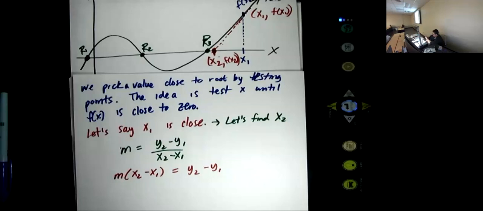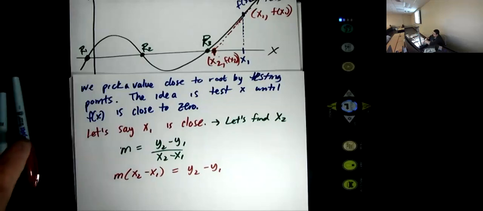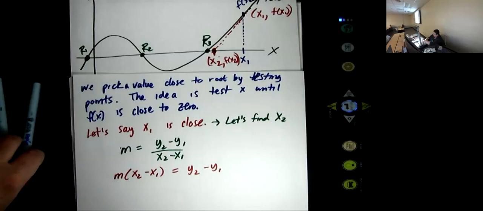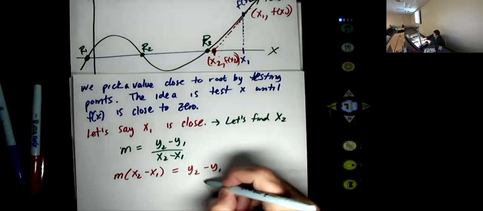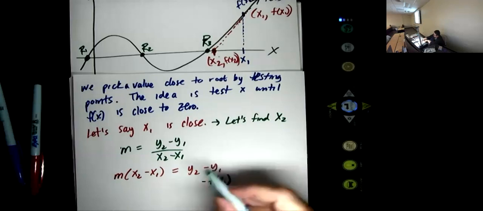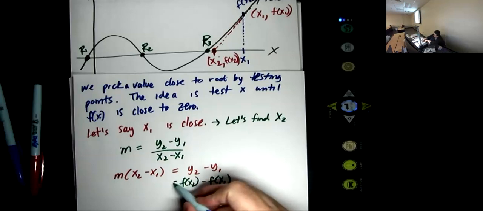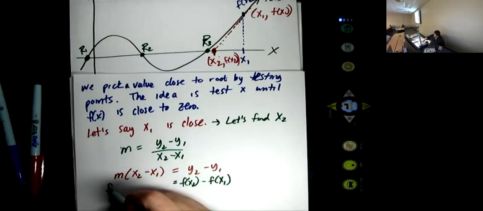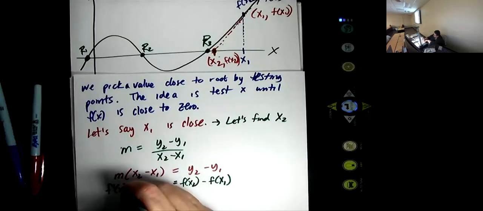And now I'm going to start plugging some stuff in because I think it makes it a little bit easier. x1 and x2 don't change, but y1 is f of x1, y2 is f of x2, and m is f prime of x1.